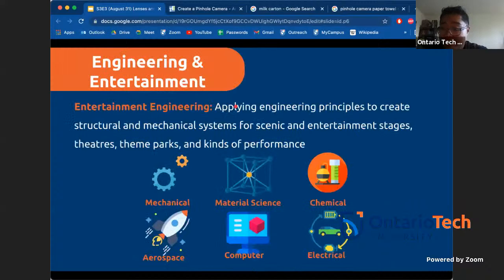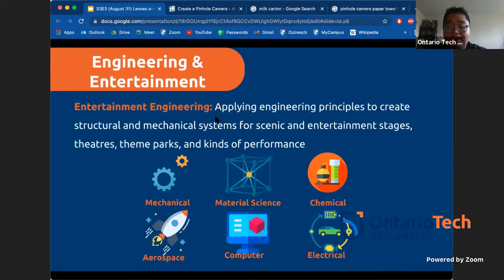This entire season is all about engineering and entertainment, and we're really trying to see how engineers play a big role in the film industry, in creating theme parks, and in creating performances on stage. We've seen it in the past two episodes where we talked about animation and made kaleidoscopes.